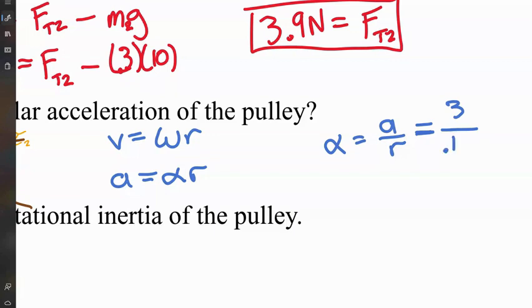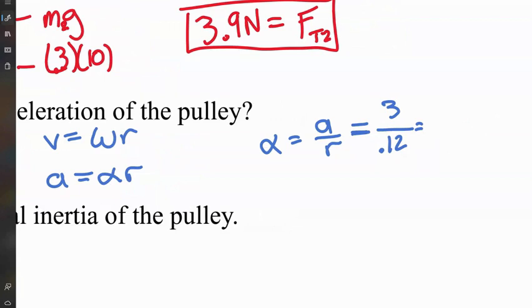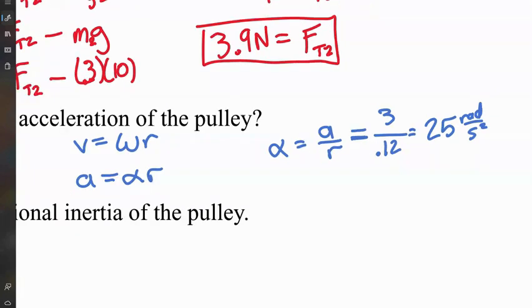Plug that into your calculator, and we get alpha is equal to 25 radians per second squared. Okay, there's our angular acceleration of our system here. All right, so we're almost done with this problem.